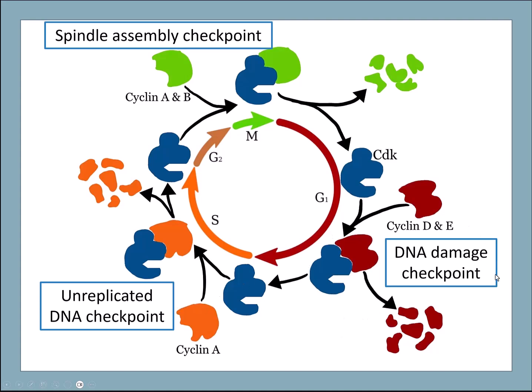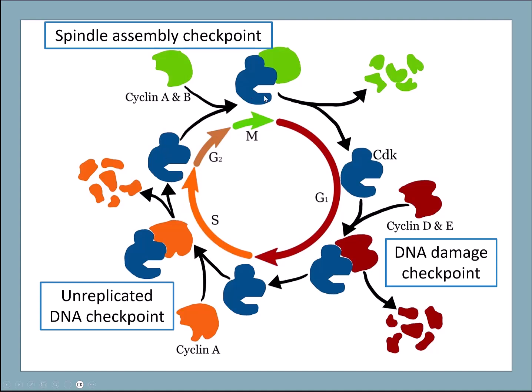There is one checkpoint here at the end of G1 where DNA damage is checked for. And if there is DNA damage, then the cell cycle will stop at that checkpoint. There's another checkpoint at the end of the S phase, and at that point, if the cell has not correctly replicated its DNA like it should have, then the cell cycle will stop.